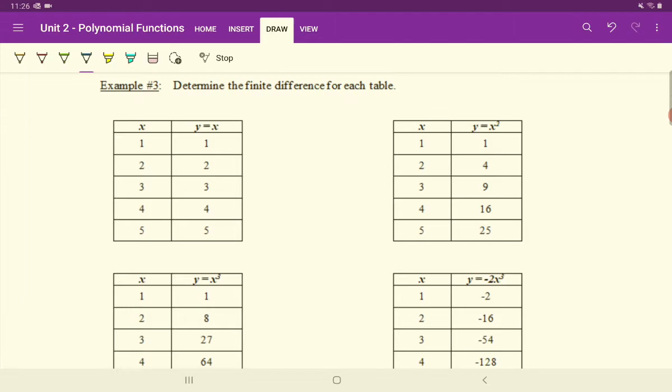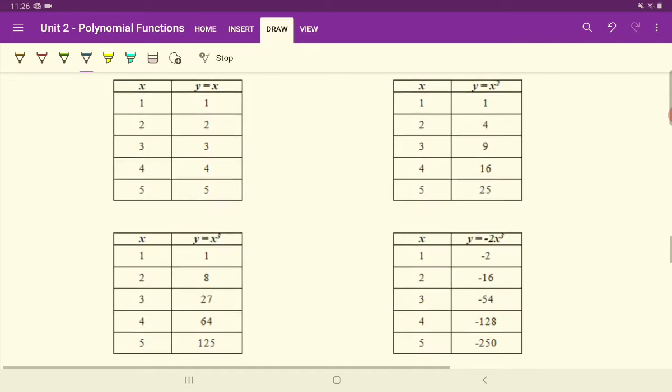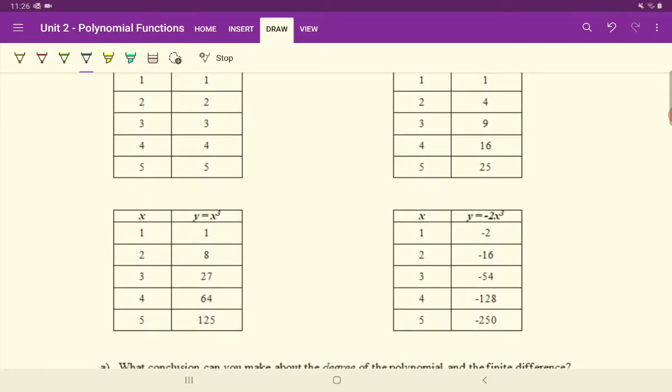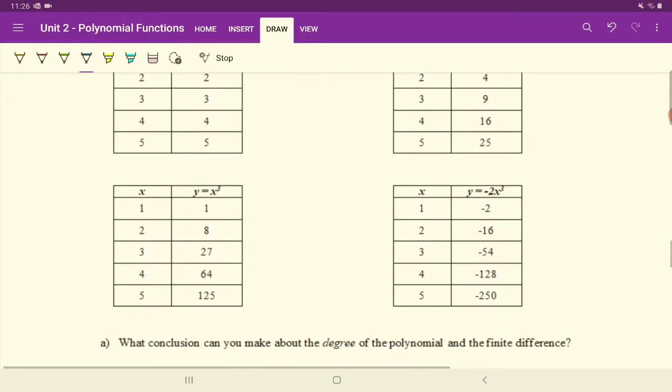Lastly, you are going to be finding finite differences, so first, second, third, and fourth differences. I'm not going to do all of these examples because I did some in the last lesson. The one example that I did not do was a cubic function, so we're going to do the finite differences for this cubic function here.